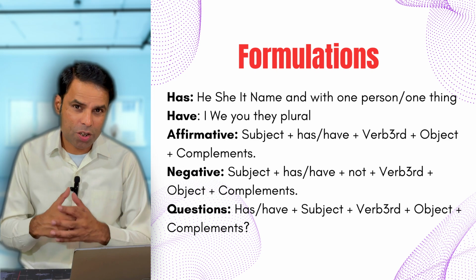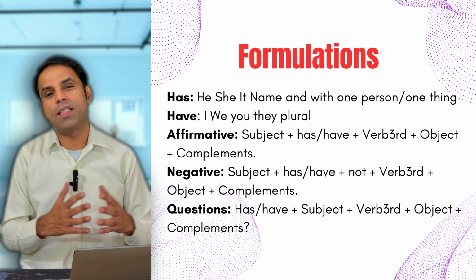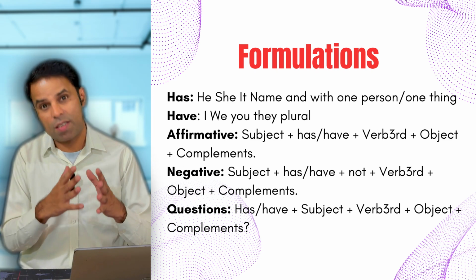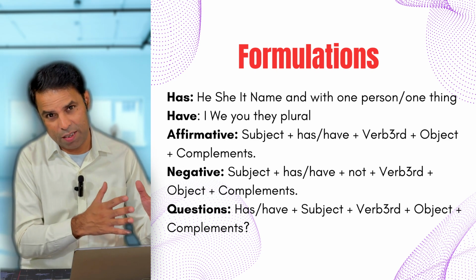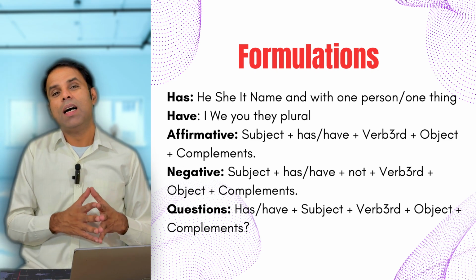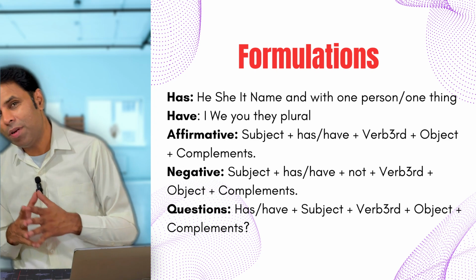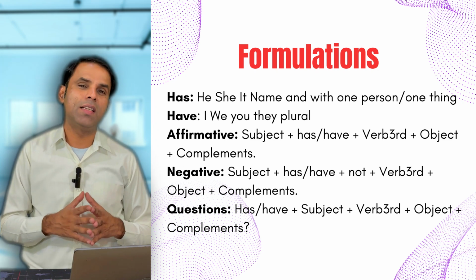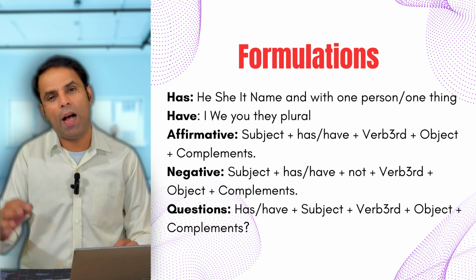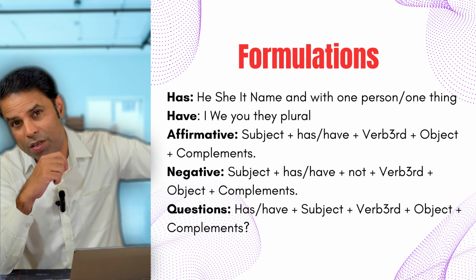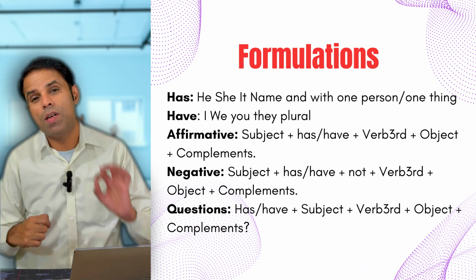Now, for formulations for affirmative, we start the sentences with the subject, then we use has or have, depending on your subject. If the subject is he, she, it, or any name, we use has, and if it is I, we, you, they, we use have. Then we use the third form of the verb. In present perfect tense, we use the third form.